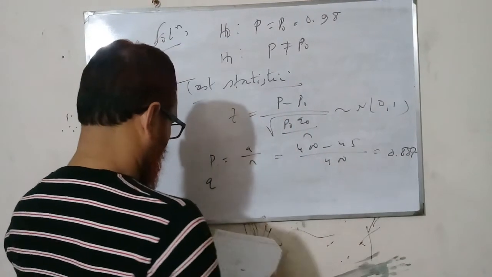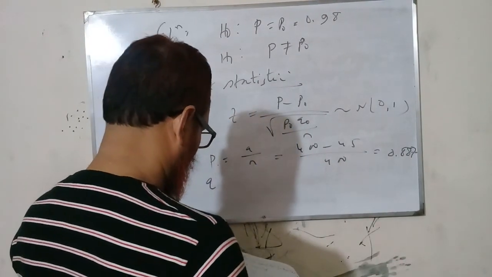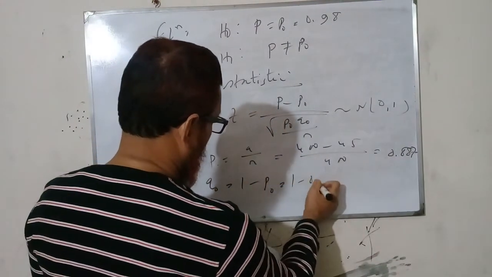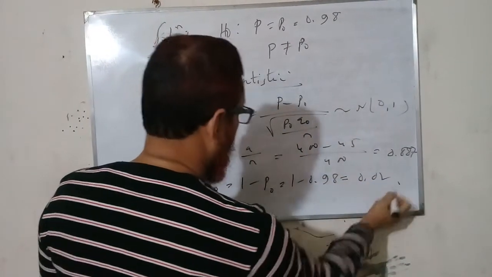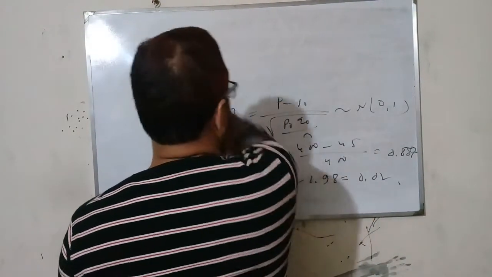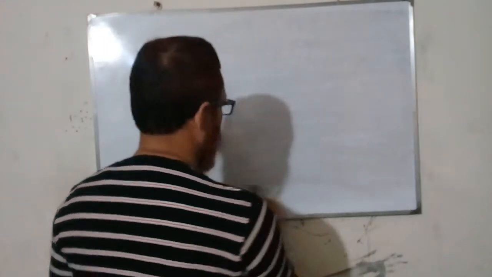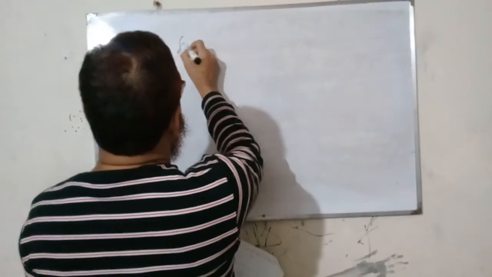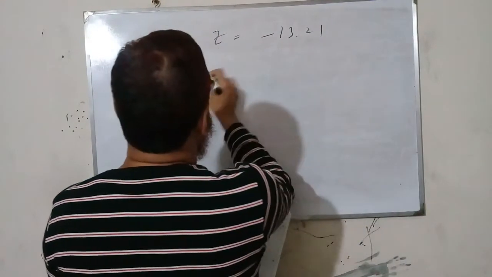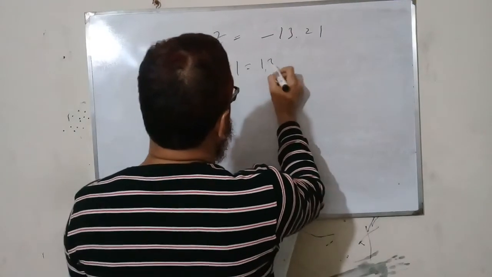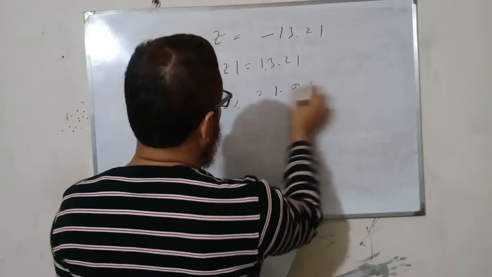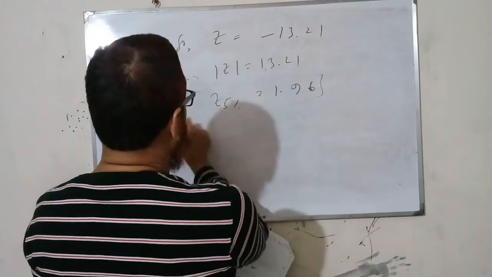Q0 equal to 1 minus P0, 1 minus 0.98, equal to 0.02. So Z, after putting these values, we have the calculated value. Z at 5% we know is 1.96. This is the tabulated value.